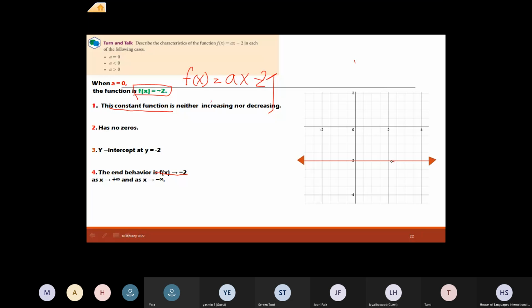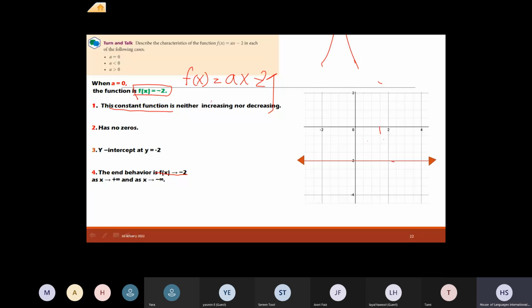The last one. Here, this is the negative x, and this is the positive x. When x goes to negative infinity, what happens with y? Does it go to negative infinity or does it have a constant number? It has a constant number. It doesn't go down.